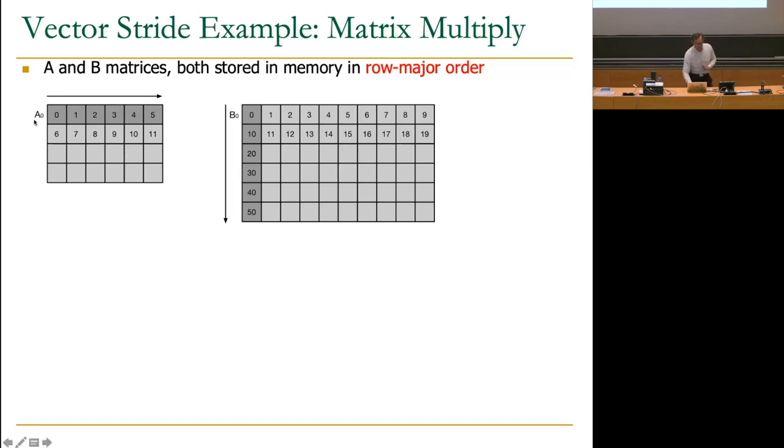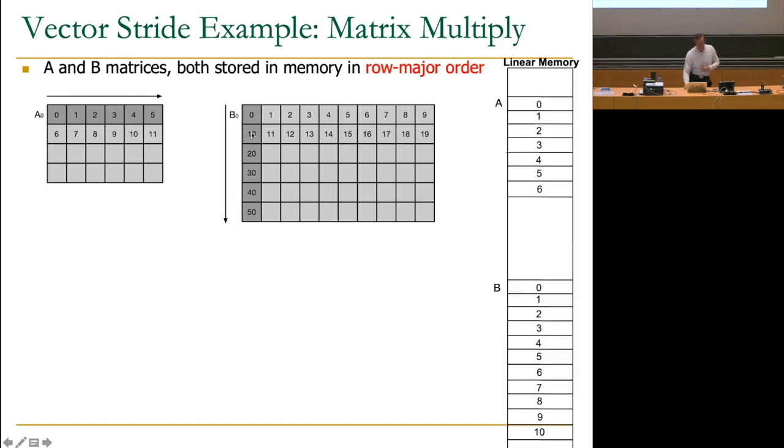And then the first element in the next row starts from offset 6. If you look at matrix B, the first row is very similar. It has 10 elements in a row, and they're stored in consecutive order. The next row starts from offset 10.